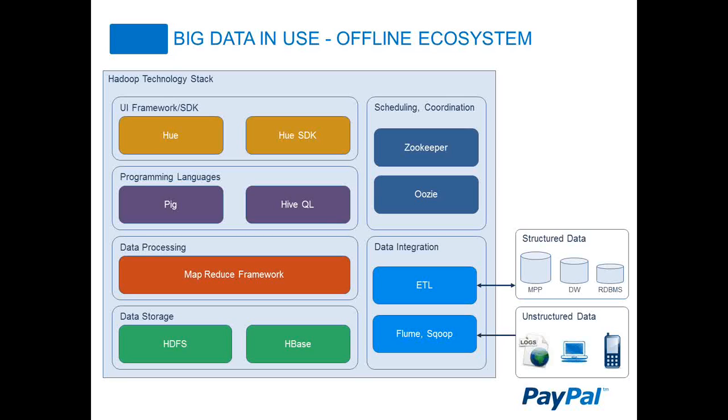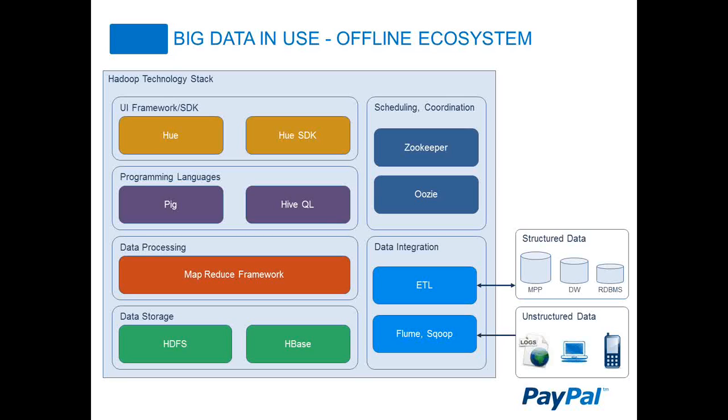Generally in the industry we talk about two types of data: structured data and unstructured data. The key learning is when you're dealing with unstructured data, try to use systems that don't require you to have an understanding of your data. For example, there are two data integration technologies that I want to talk about.